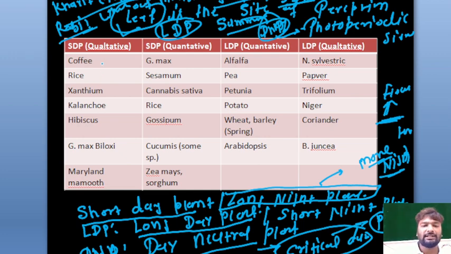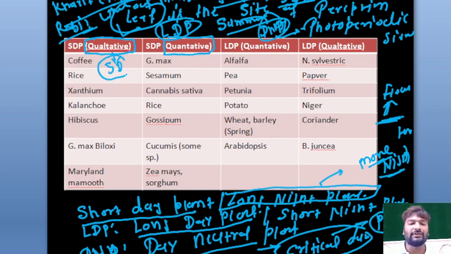There are some examples, and there are two types: one is quantitative, and the second is qualitative. Qualitative means they can grow only in short day conditions; they cannot grow in long day conditions.